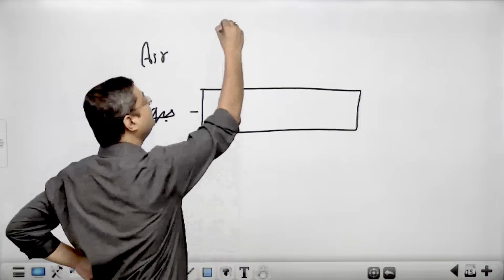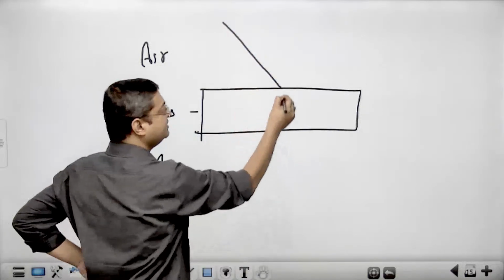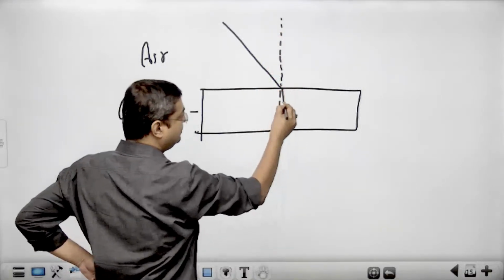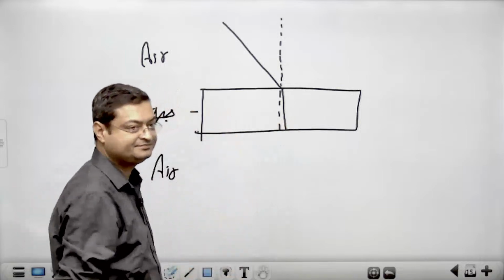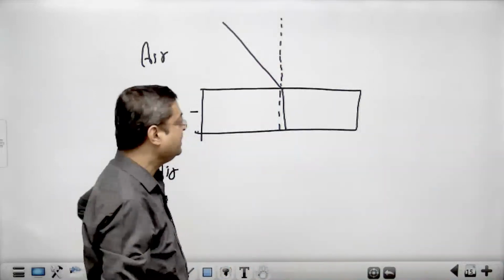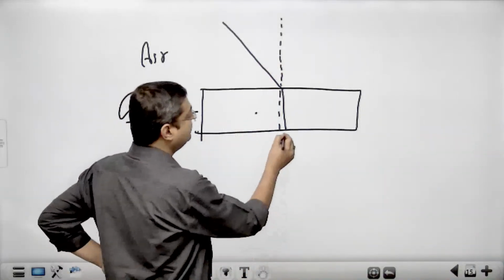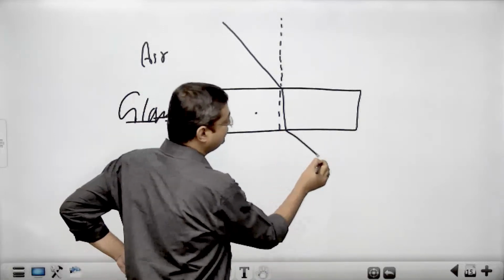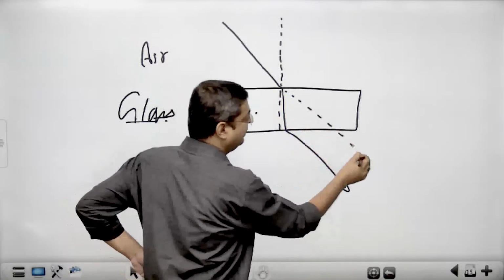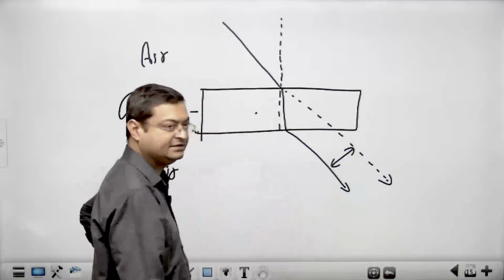So if a wave is going to travel from rarer to denser, it is going to bend towards the normal. And normal is your 90-degree perpendicular. And if a wave is going to move from denser to rarer, it is going to move away from the normal. And if you draw this parallelly, it will be parallel to each other.